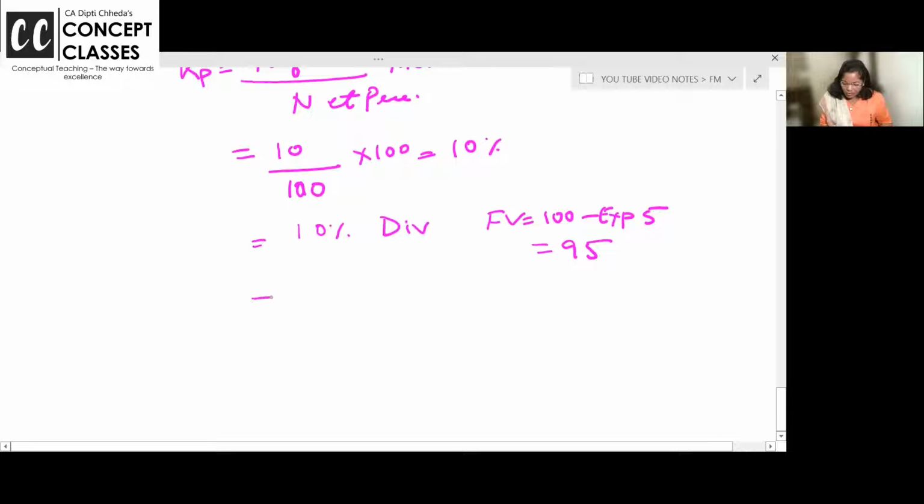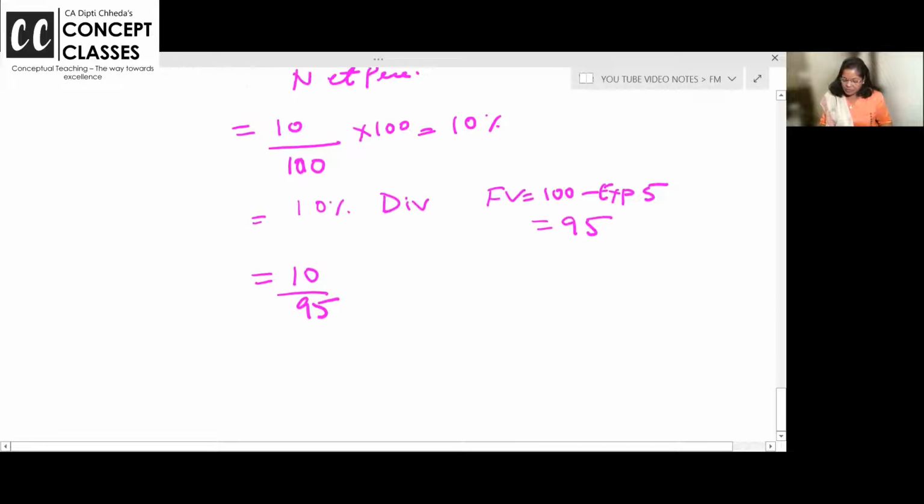So even though I am paying you preference dividend of 10 rupees, see, I am again repeating, write it in bold capital letters: dividend and interest are always calculated on face value. How much money did I get? 100. But I spent 5 rupees on some issue related expense. So how much am I getting to use? 95. But how much dividend do I need to pay on face value? 10 on 100.